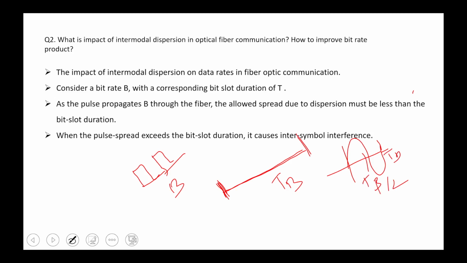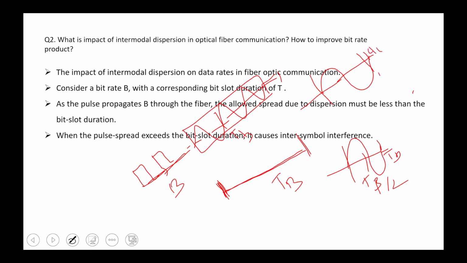When this pulse propagates through the optical fiber, whatever the time period of the pulse is, TB, it will spread by delta TB.